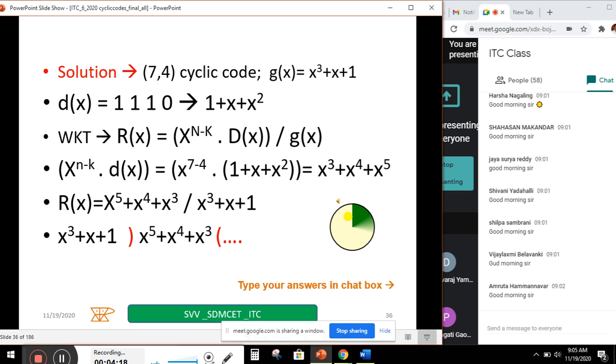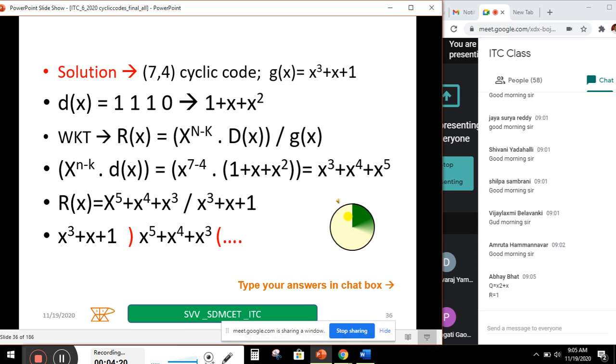Using mod 2, Abhay Bhatt has typed q equal to x square plus x, r equal to 1. Thank you, Abhay Bhatt. Let me wait for others.